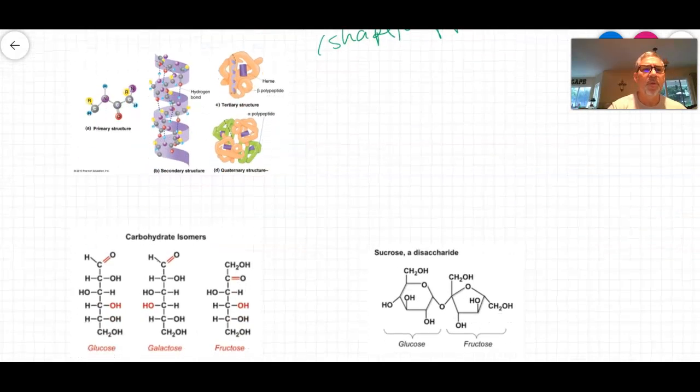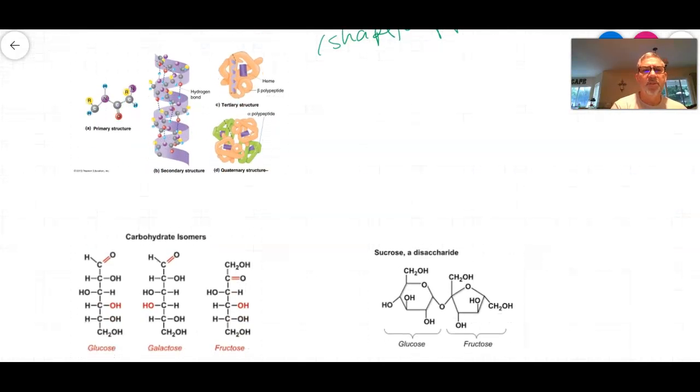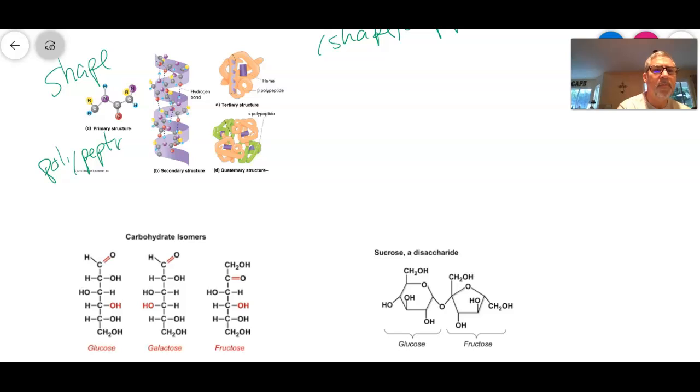All right. Remember protein shape. So primary structure is just the polypeptide. If I change an amino acid, I change the primary structure.